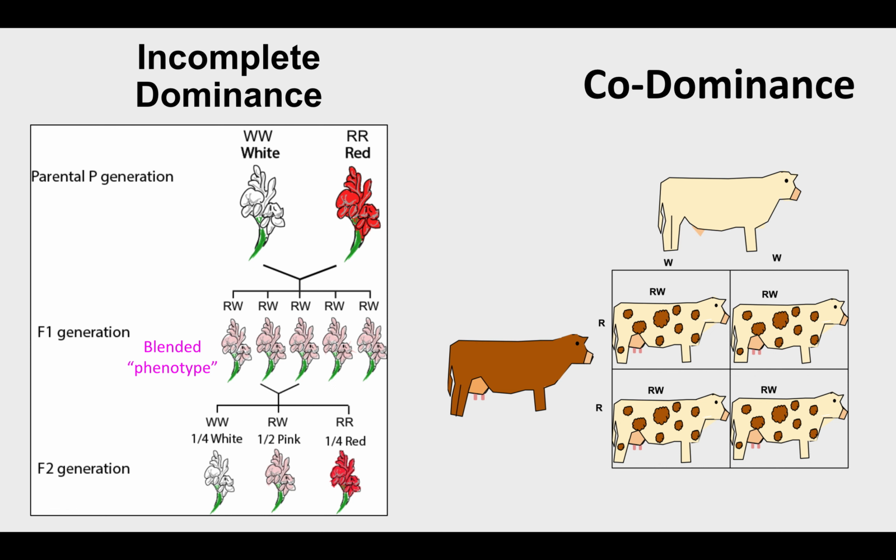So they're not blended to create a new color phenotype, but rather both phenotypes are being expressed in some way on that individual. In this example, it's the spotted cow. We see the brown, we see the white fur coloring, together. It's not like it's a light brown overall color. That would be incomplete dominance if that showed up.